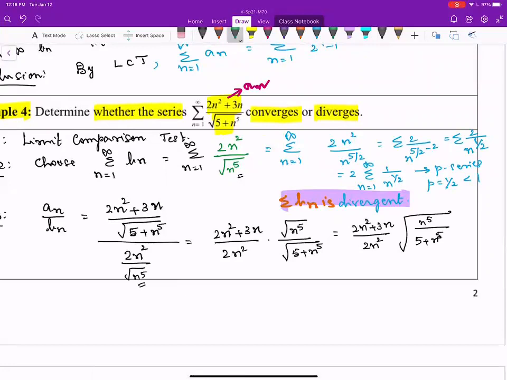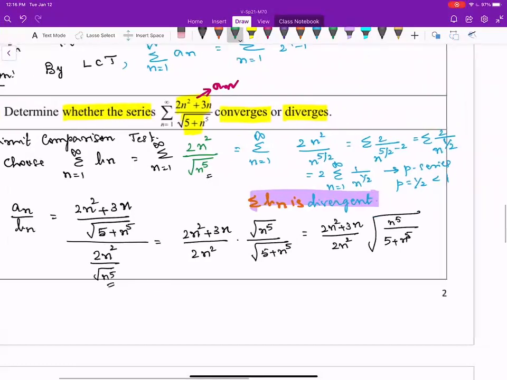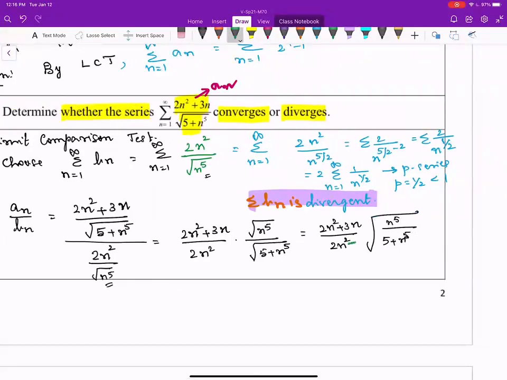And now we are going to divide this whole thing by 2n square, the highest exponent in the denominator. Then within the radical, for the second one, you divide by n to the power 5.